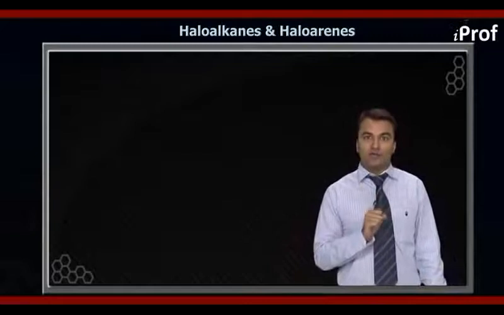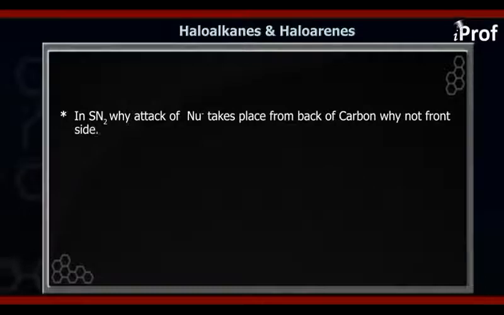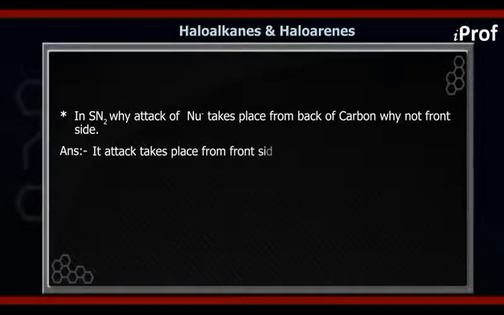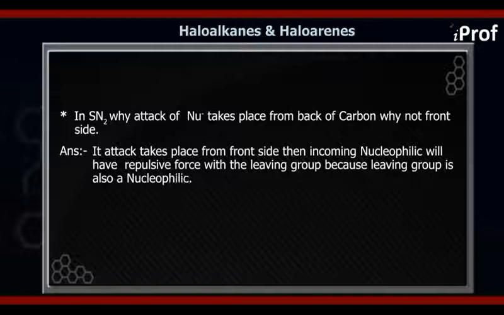One more question is why the nucleophile in the SN2 mechanism attacks from the back of the carbon, and not from the front side. The reason is that if it attacks from the front side, it will have a repulsive force with the leaving group present in the compound, because the leaving group is also a nucleophile.